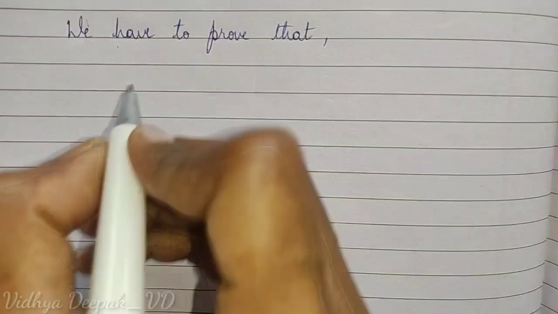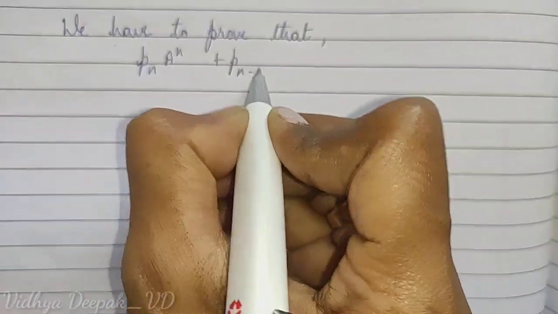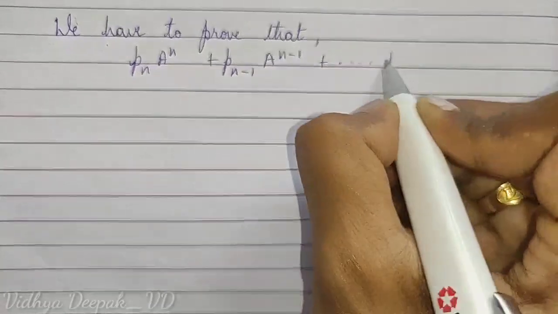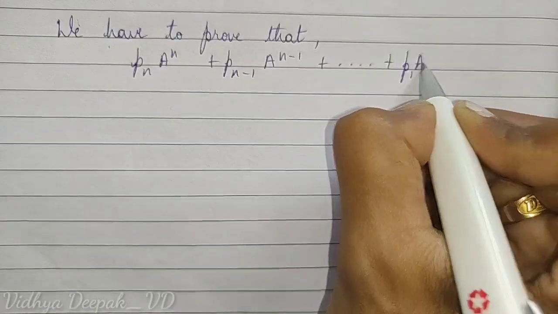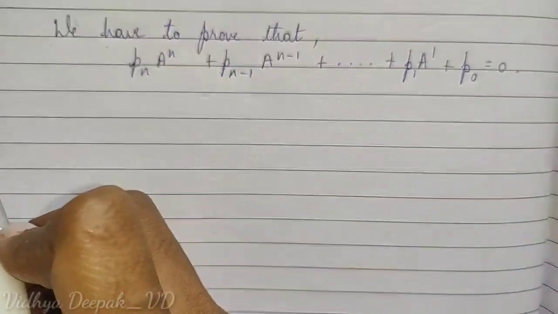Now we have to prove that Pn A power n plus Pn minus 1 A power n minus 1 plus etc., plus P1 A power 1 plus P0 is equal to 0.